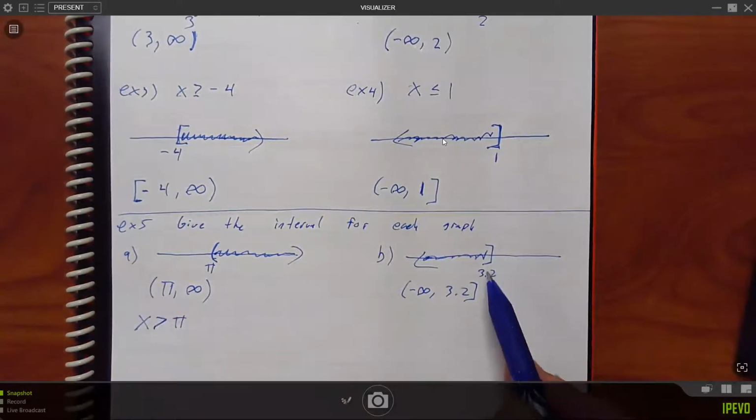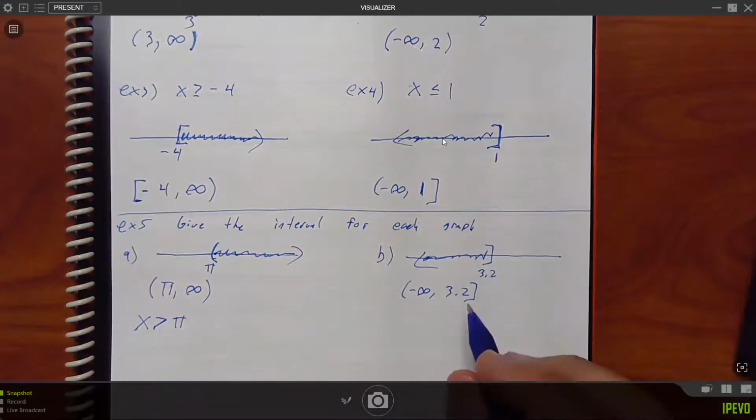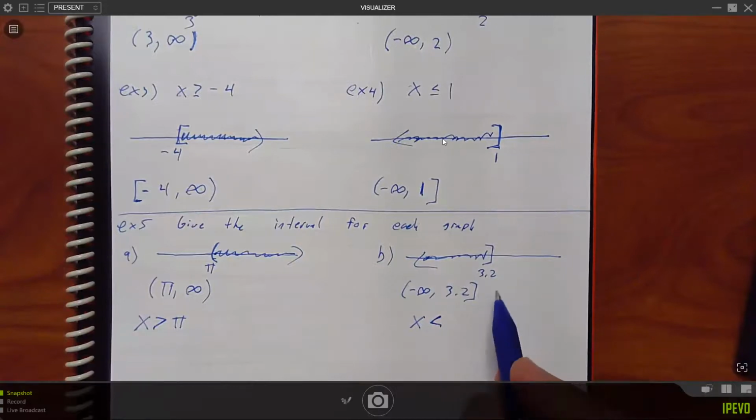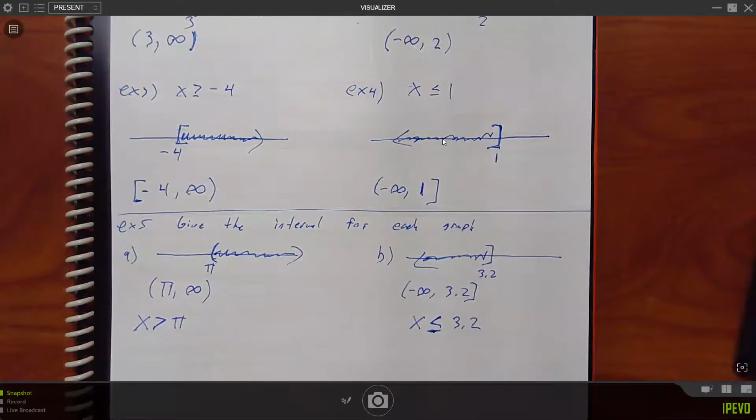The x will be less than that. So since it's a bracket, we got to put that line underneath. Make sense? Is that okay?